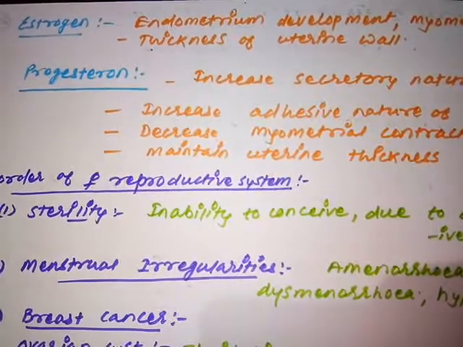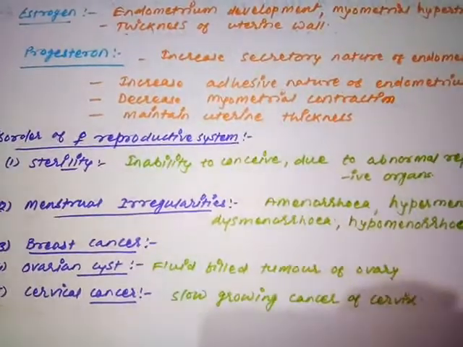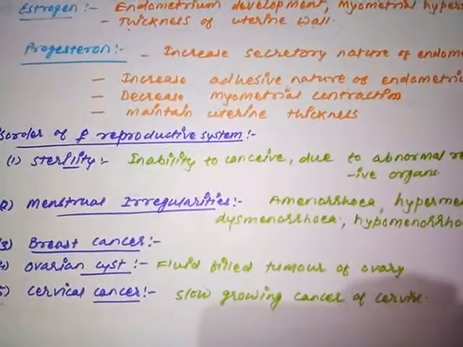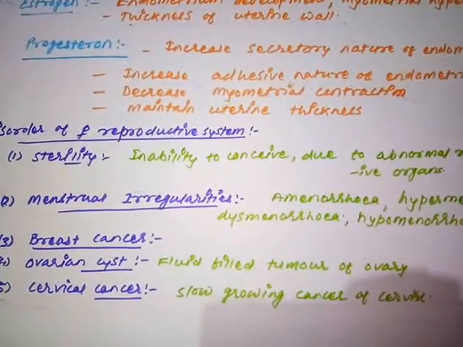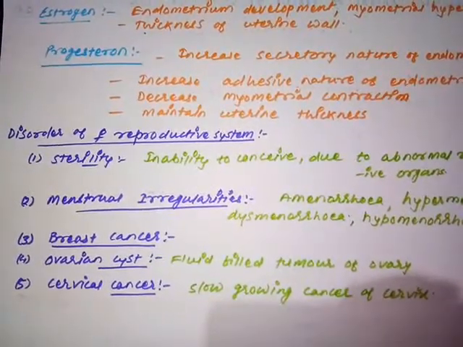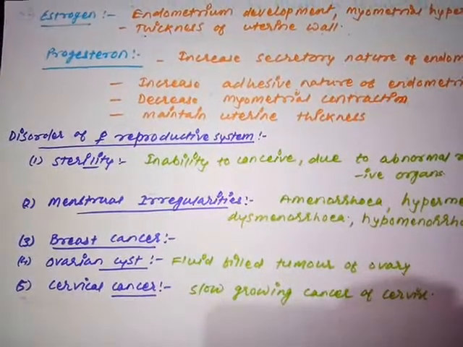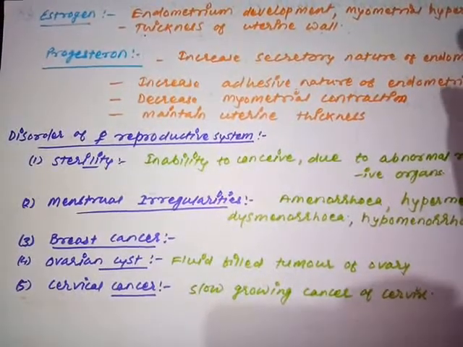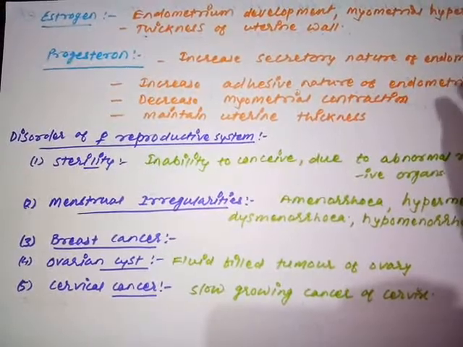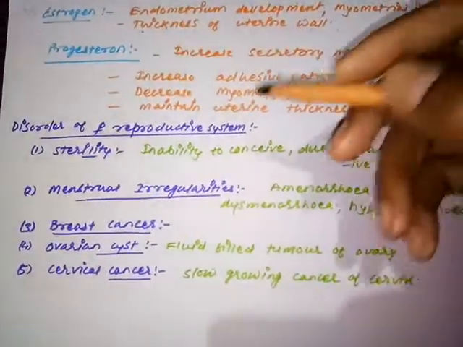FSH works on the Sertoli cells to stimulate the release of ABP. Under the influence of ABP, spermatogenesis occurs. When there is excess spermatogenesis, the Sertoli cell itself releases inhibin, which acts on the hypothalamus and anterior pituitary, so that it could stop the release of FSH and stop the process of spermatogenesis. That is the negative feedback mechanism.